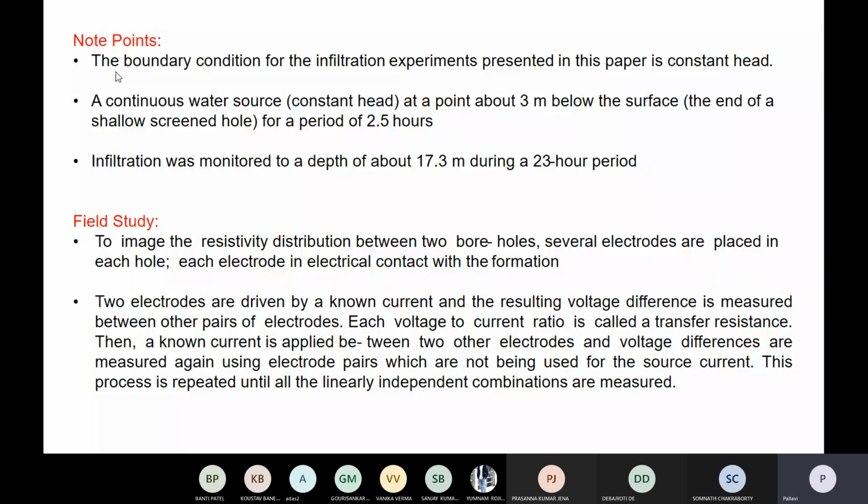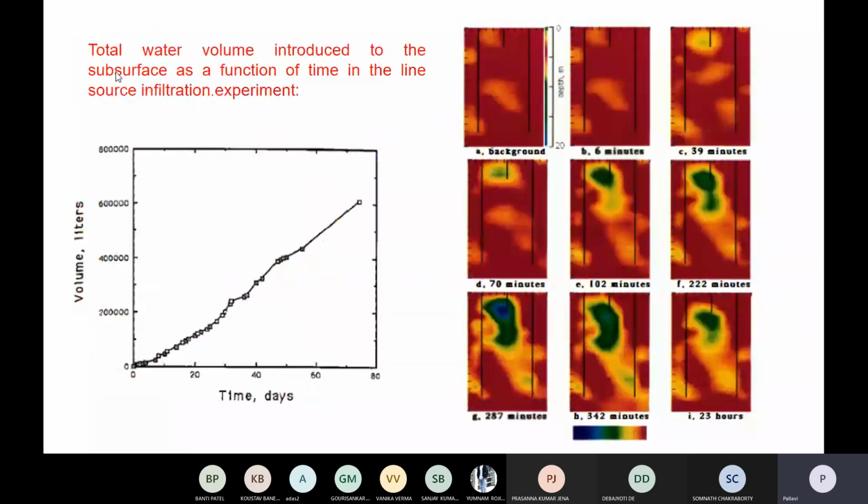Direction means it will take time, again time dependent. This part you already know, because in the theory part we discussed that two electrodes are driven by a known current and the resulting voltage difference is measured between the other pairs of electrodes. This part is well known. So they did this.